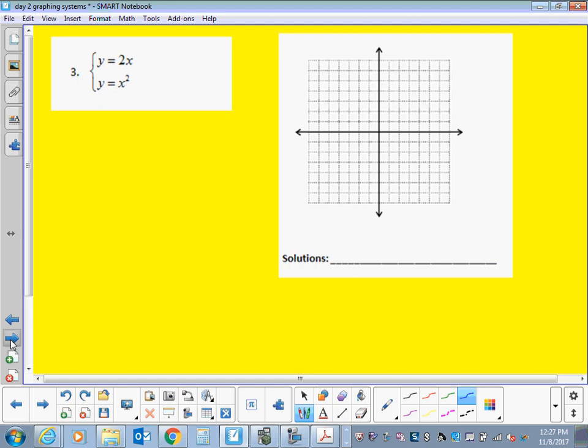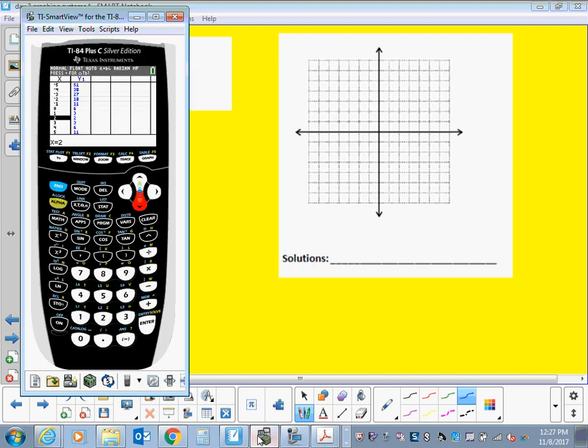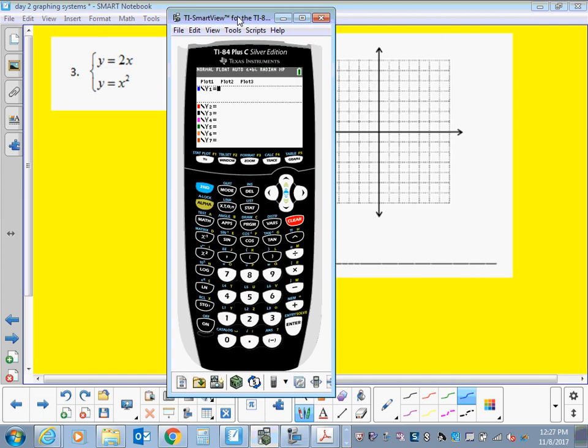Number 3, is it already on y equals? Yep, so most of our work is done. I'm going to type this into the calculator. I have y equals 2x, and then y equals x squared. Let's look at our table.